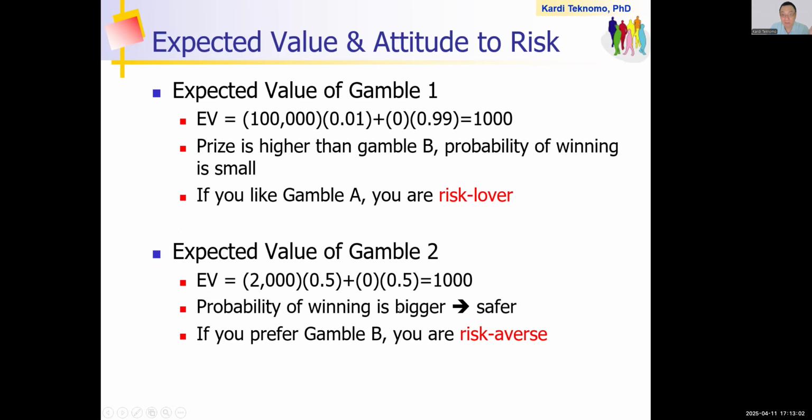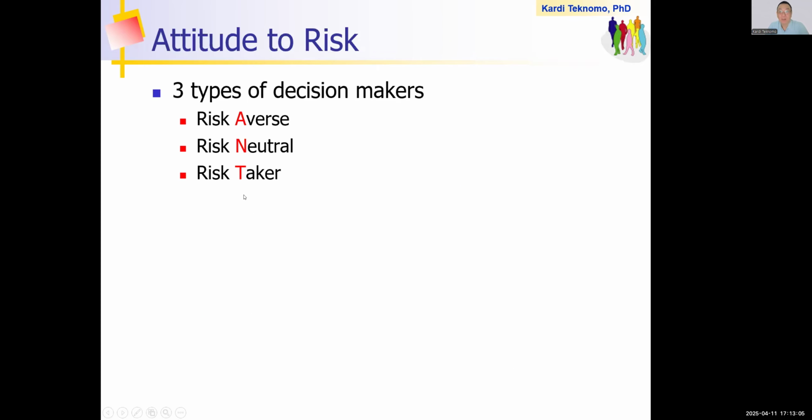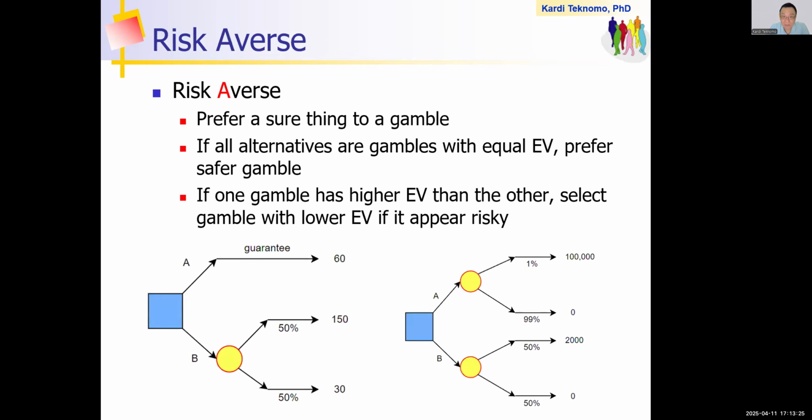Okay, so here, these are the three types of decision maker based on decision analysis under utility. One is risk averse, second is risk neutral, and then risk taker. Risk averse will prefer a sure thing to a gamble. So if you have a choice between a sure thing and a gamble, you will choose A in this case.